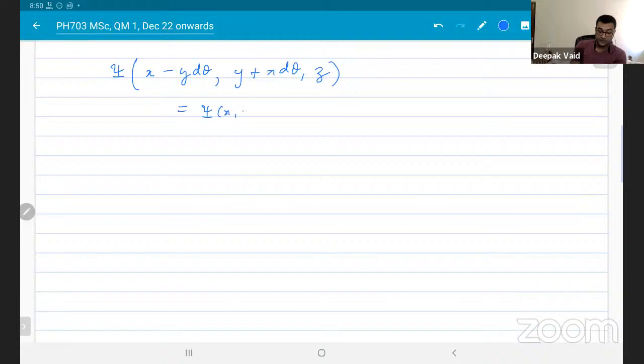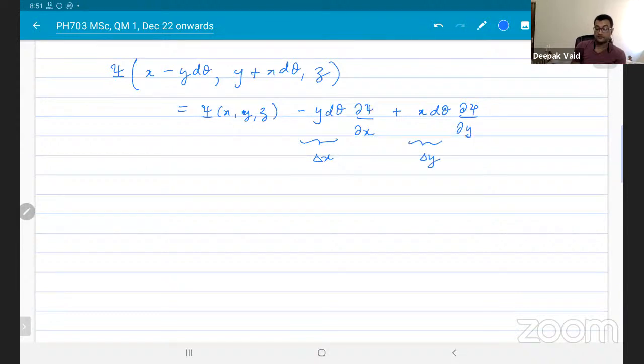So the first term will become psi xyz. The second term is minus y d theta, that is your delta x, right? d psi by dx. This is delta x, right? Then you will get x d theta d psi by dy. What is this?